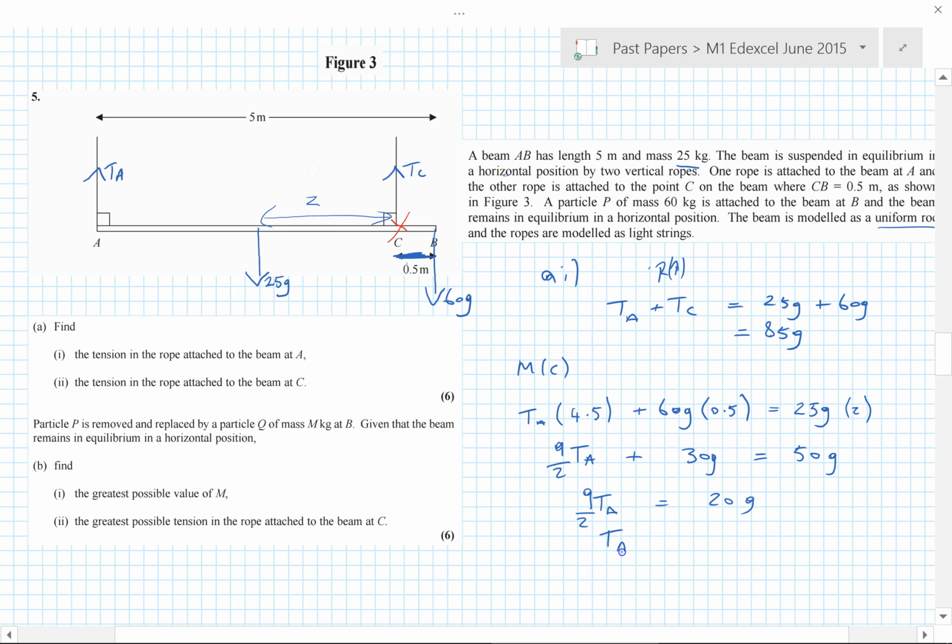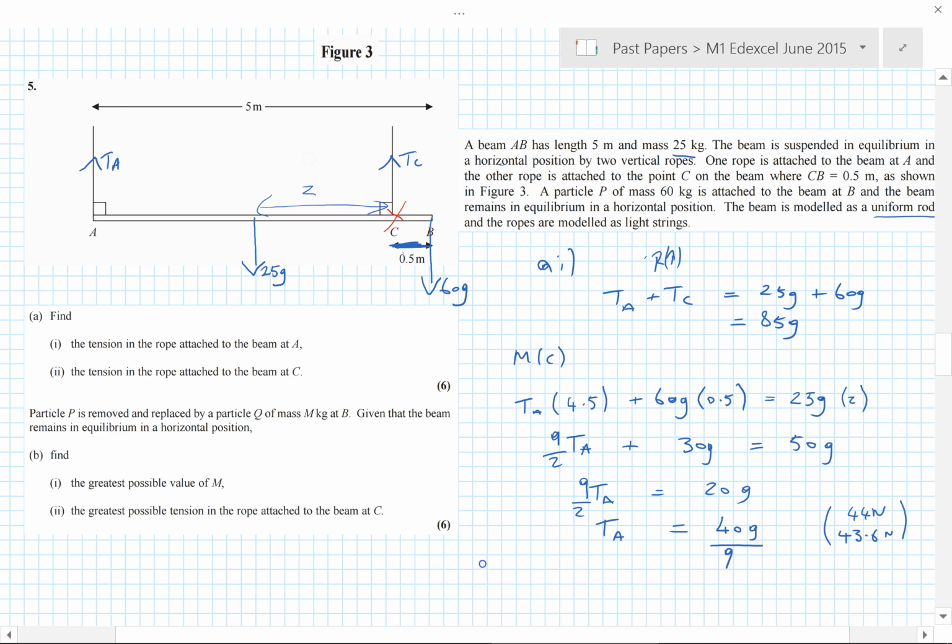So TA is equal to 40g over 9. We can leave it like that. The actual answer to two significant figures is 44 newtons, which would also be acceptable, and the answer to the other one is 43.6 newtons, which is also okay.